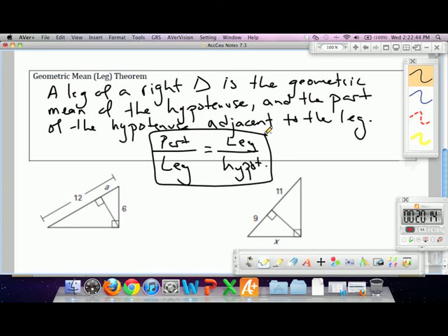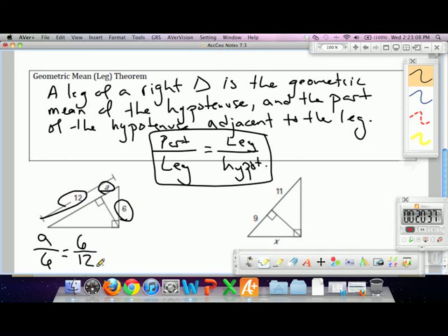In our first example, that would say, let's see, part over leg is leg over hypotenuse. I see a part, I see a leg, and I see a hypotenuse. So this little A over this adjacent leg is equal to that adjacent leg over the whole hypotenuse.